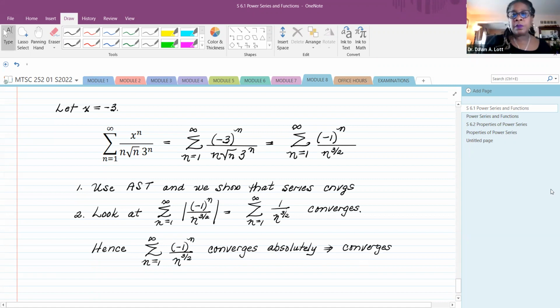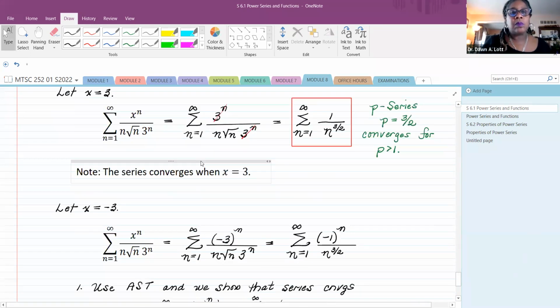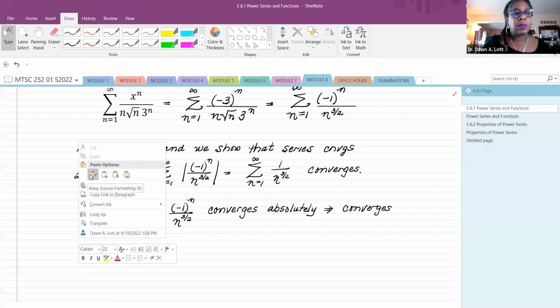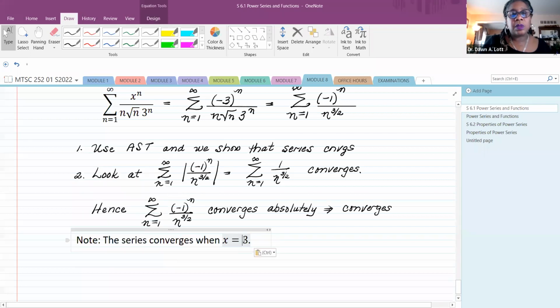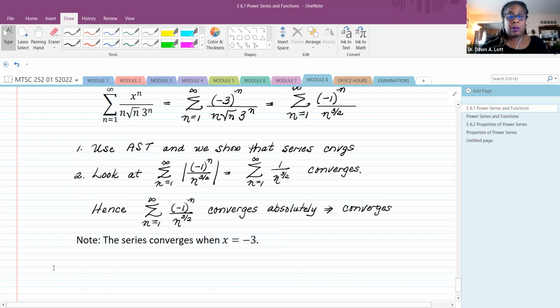So now we can note that the series converges when x is equal to -3. So we have the series converging at x equals 3 and at x equals -3. So now we go back and fix our interval of convergence.